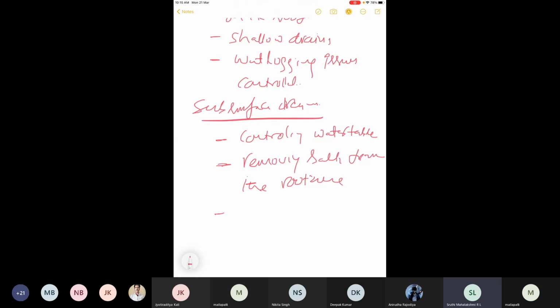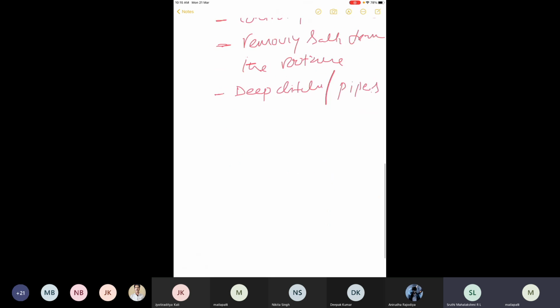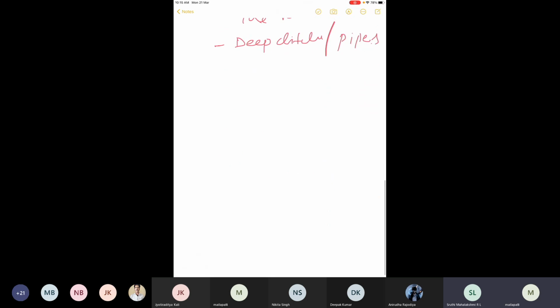It contains deep open ditches or pipes. So these are the basic structural differences between surface and subsurface drainage systems.